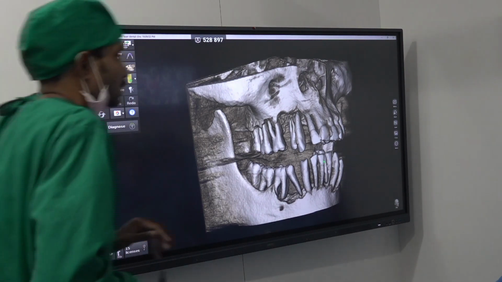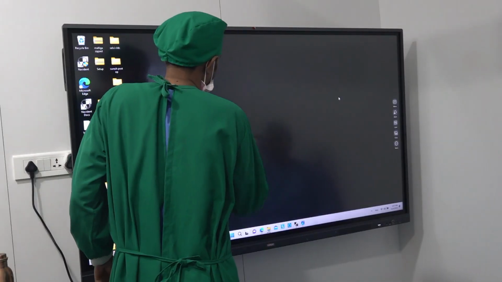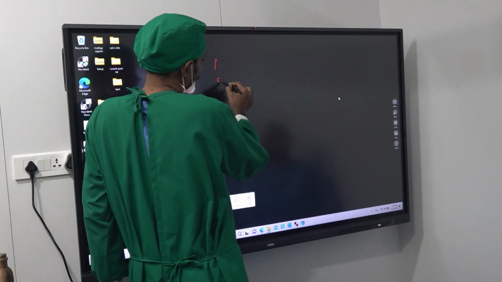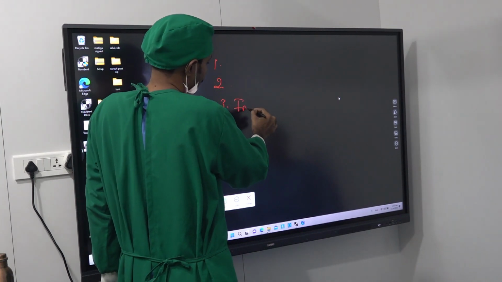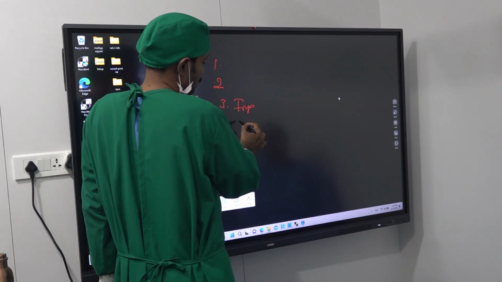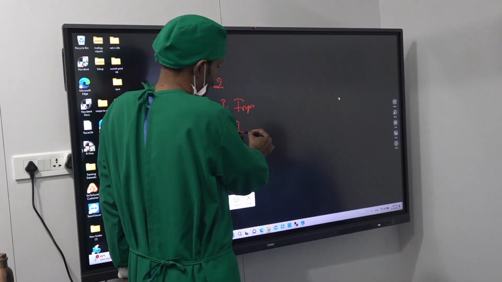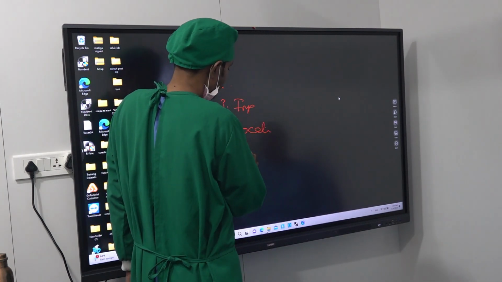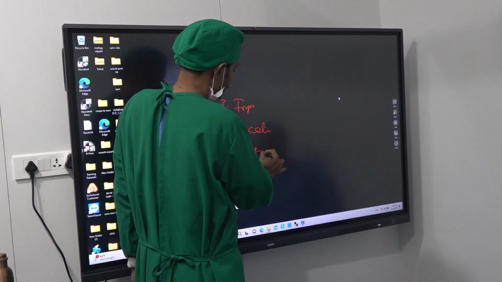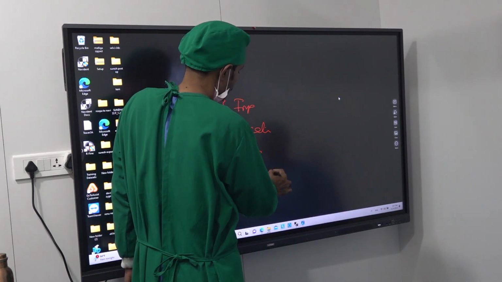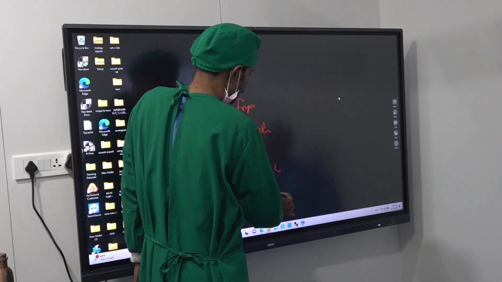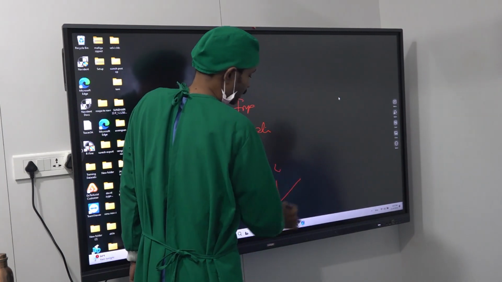That is one important thing. So planning: again revising what tooth to remove, how many teeth to replace, how many implants, design, location, then design, width and diameter and length, and then whether you are going to place straight or angulated.